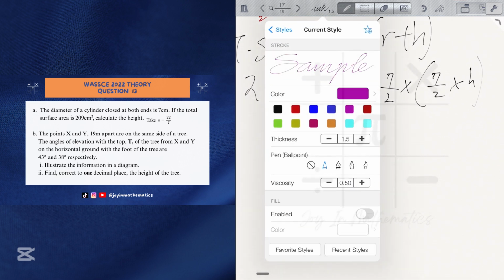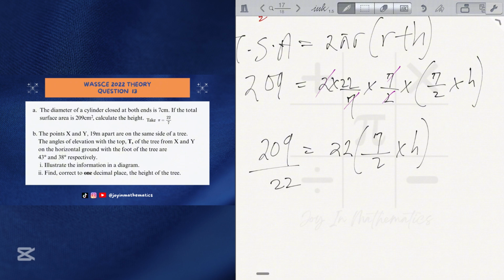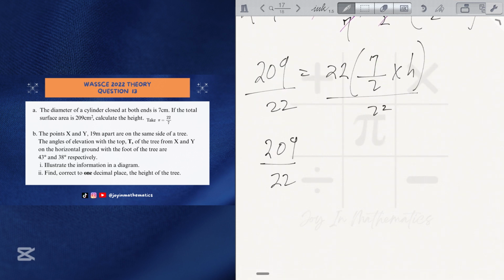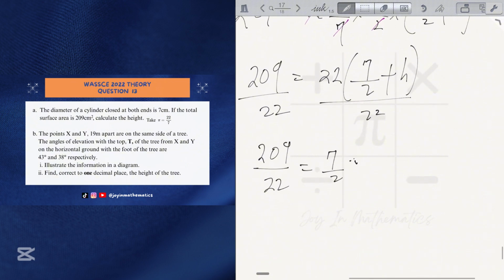In view of this, 7 will nullify 7, 2 will nullify 2, and we'll be left with 209 is equal to 22 into 7 over 2 plus height h. So let's divide both sides by 22. So we'll have 209 divided by 22 is equal to 7 over 2 multiplied. No, it's not multiplied, it's plus h, please. Emphasis on that. It is plus h. 7 over 2 plus h.